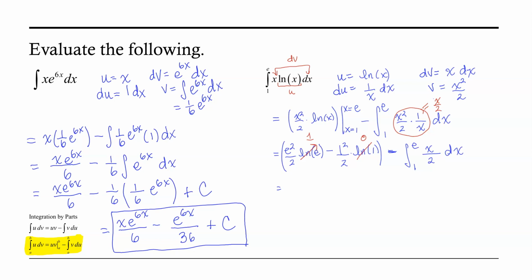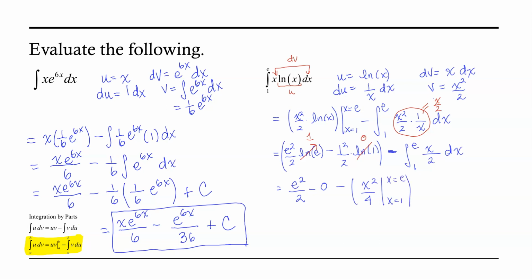So we have e squared over 2 times 1, so that's going to be e squared over 2, minus, and we have 1 squared over 2 times 0, so that's just going to be a 0. Minus, and now we do the antiderivative of x over 2. That antiderivative is x squared over 4, evaluated from x equals 1 to x equals e.